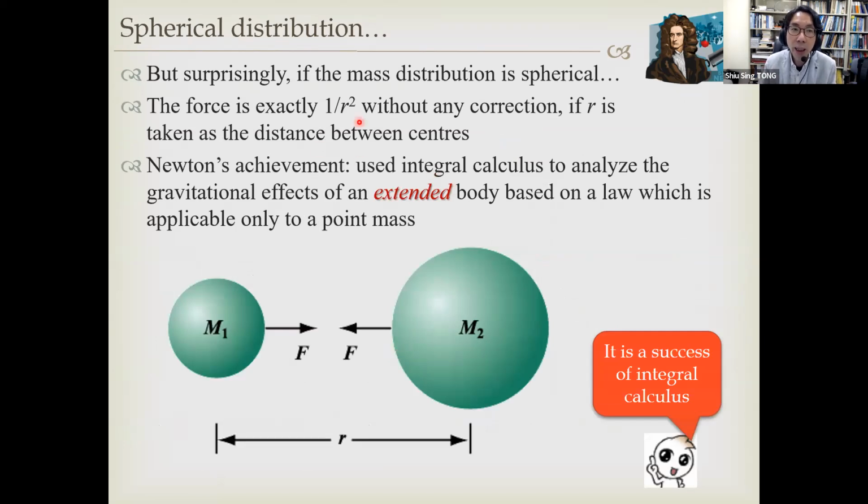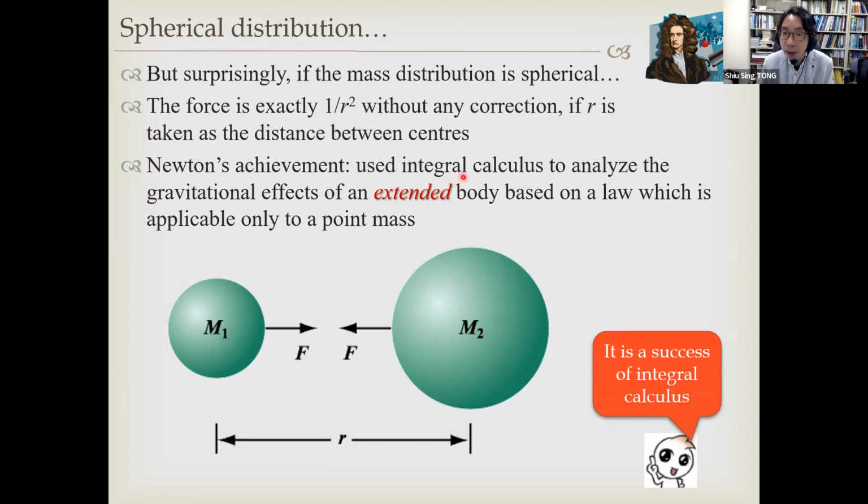I have already emphasized this situation. If two masses are spherical, with mass M1 and M2, then the force is exactly 1/r², without any correction, as long as r is taken as the distance between the centers. And that is Newton's achievement.